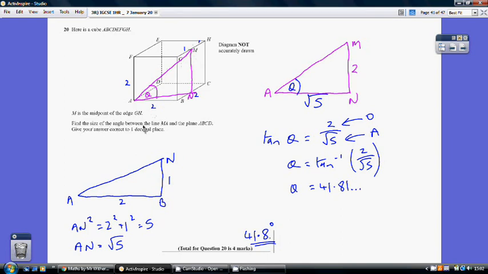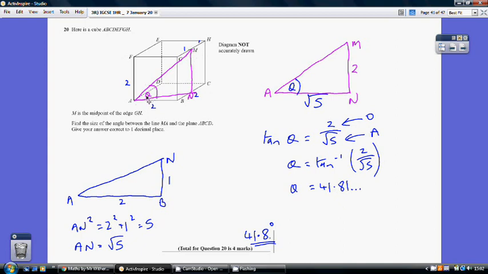Find the size of the angle between the line MA and the plane ABCD. So you've just got to think about the straight line going from A to M, then dropping down a perpendicular straight down to where it would hit the base, and then back to A. So just going immediately below M, so halfway along from B to C, I'm calling point N. So just pulling out the two-dimensional shape M to A to N, that's the angle theta that I need to work out.